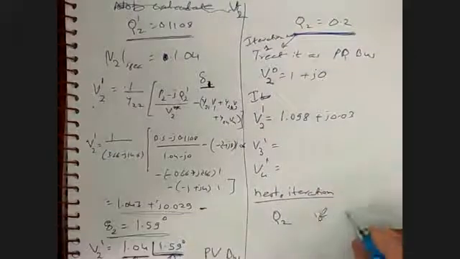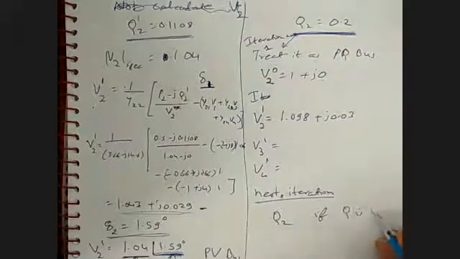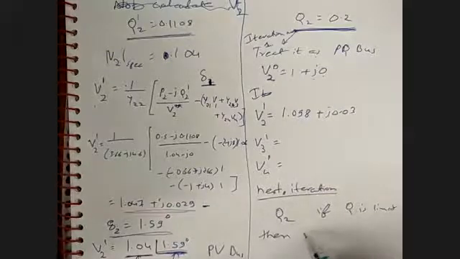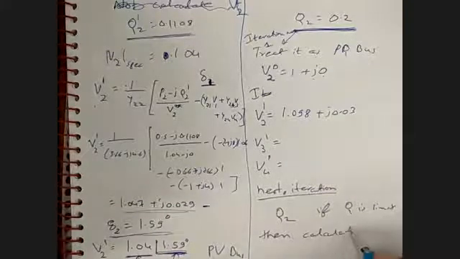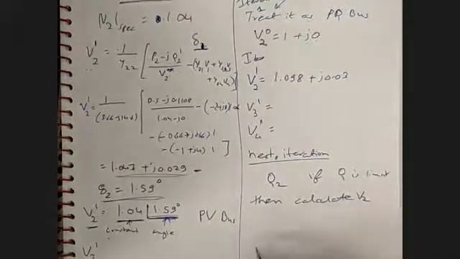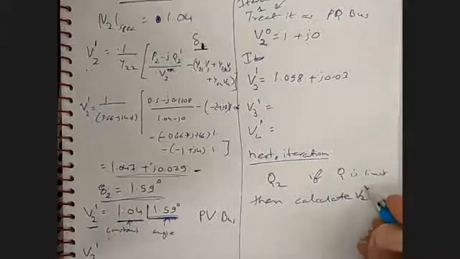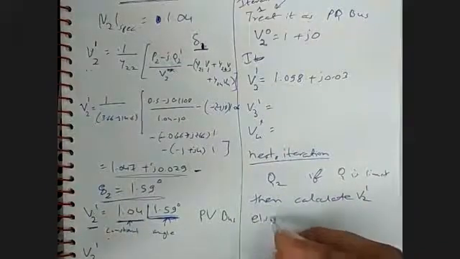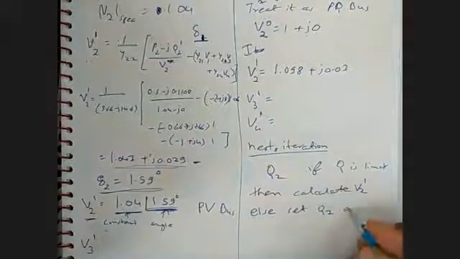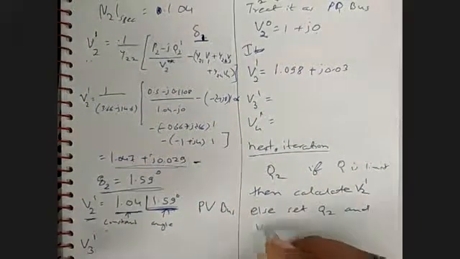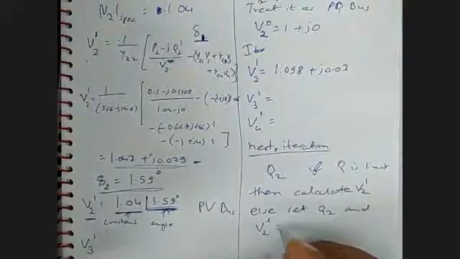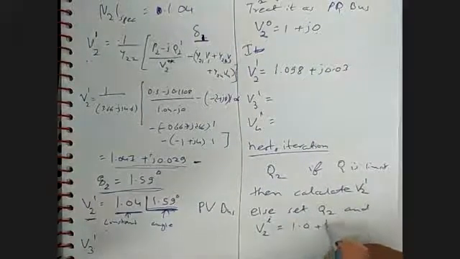If Q2 in limit, then calculate V21, else set Q2 and V21 as 1.1 plus j0.